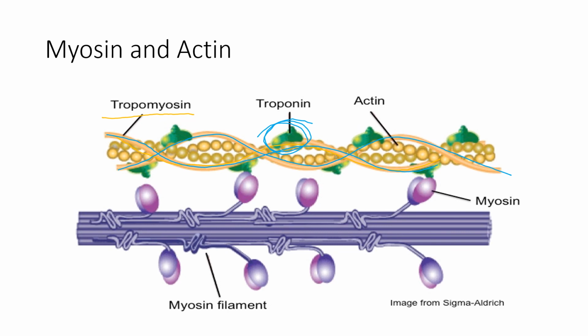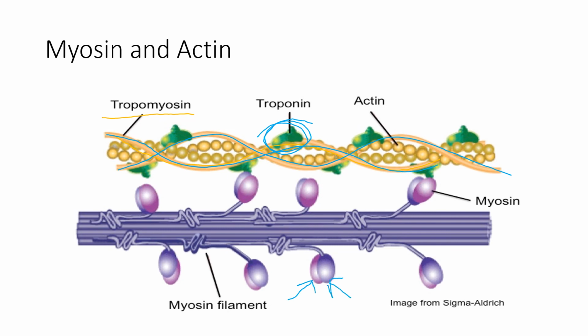So now let's talk about myosin, this nice thick purple filament down at the bottom. So as we can tell from the picture, myosin is actually composed of two subunits of the same molecule. So we can tell that based on the two different heads here connected.